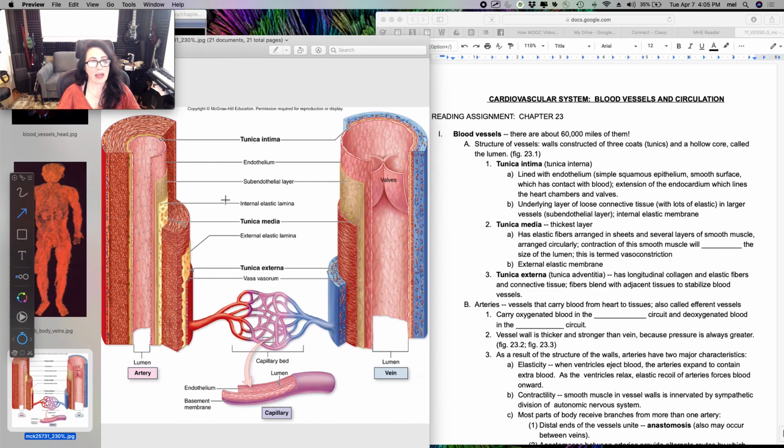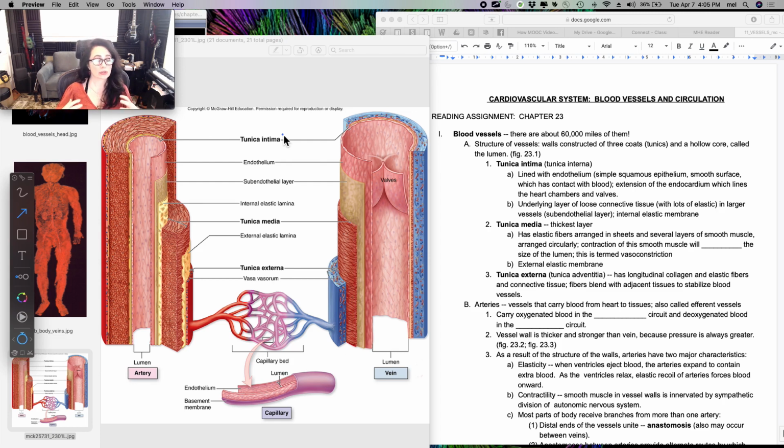Basically, vessels have an inner layer, a middle layer, and an outer layer. Each of those layers is referred to as a tunic, like a coat. If we go from the inside to the outside, we have the tunica intima, which is epithelial tissue, really, really slippery, so you don't accidentally catch a platelet.